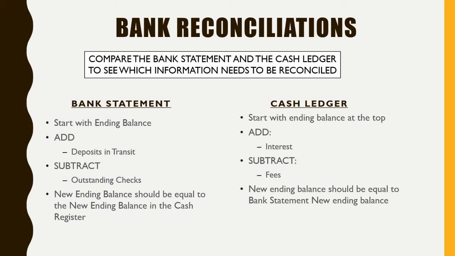And once again, the goal is that at the end of your bank reconciliation, your bank and your cash ledger must match. And if they don't match, you've got to keep digging, because you need to find where that discrepancy is, where that hole, where that missing money is. You have to find it, because one thing must hold true: you have to start the next accounting period with matching bank statements.